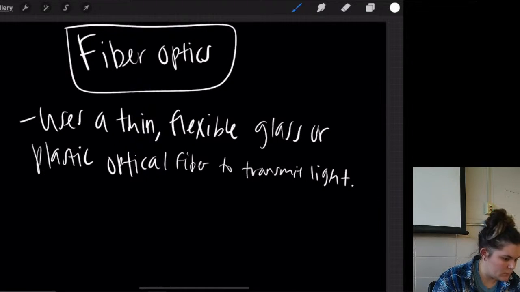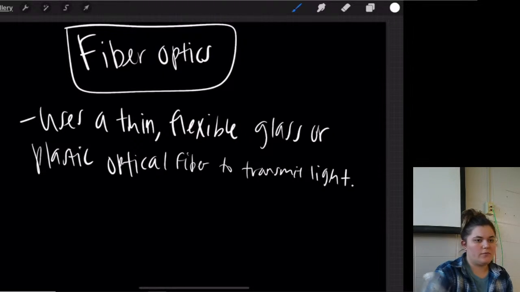So like, you know, when we get our internet and stuff, you can get fiber optic cable and stuff. Says fiber optics is the most commonly used as a transmission link. It connects two electronic devices or circuits consisting of a transmitter and a receiver.